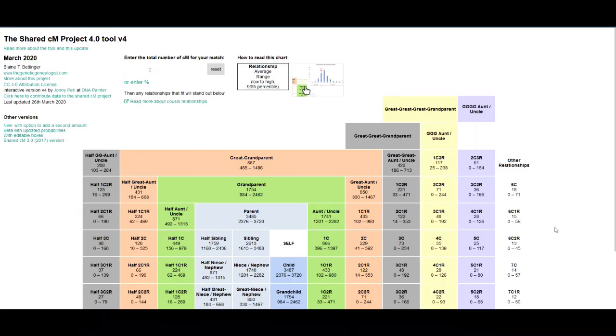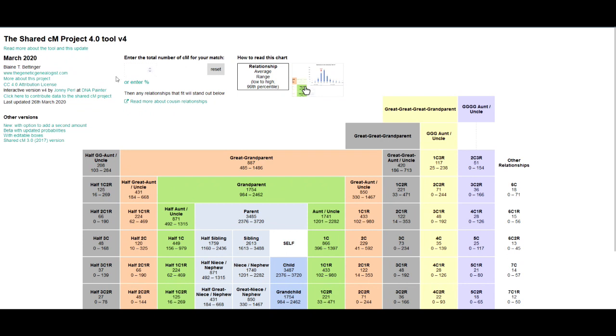Okay, guys, so this is DNA Painter, another website that has different tools you can use. They have a tool called WATO, but I'm not going to get into that today. It's a lot, and I'm not a professional in that either, but I can show you what I know in a later video. This is a tool that I use with Ancestry predictions of relationships. That's the best way I can put it.